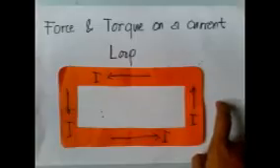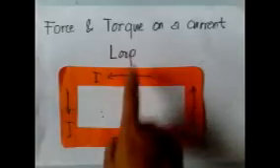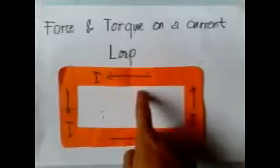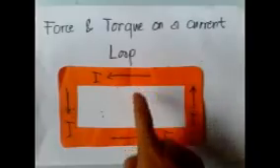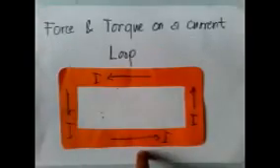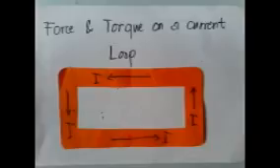The same story with the upper side: its force will be cancelled out since it has the same magnitude and opposite direction as the lower side. So the net force on the current loop in a uniform magnetic field is 0. However, the net torque is not generally equal to 0.